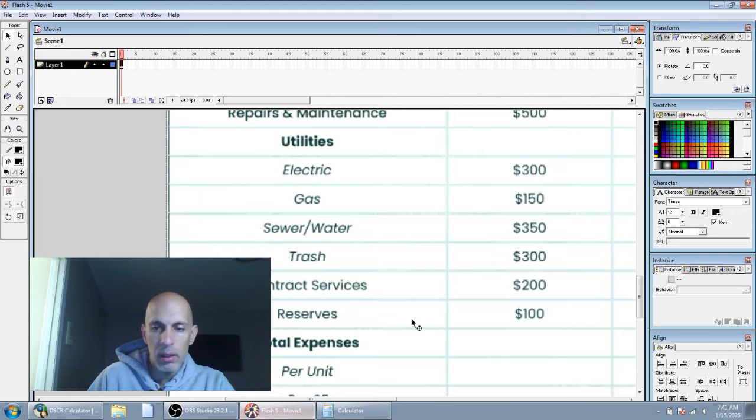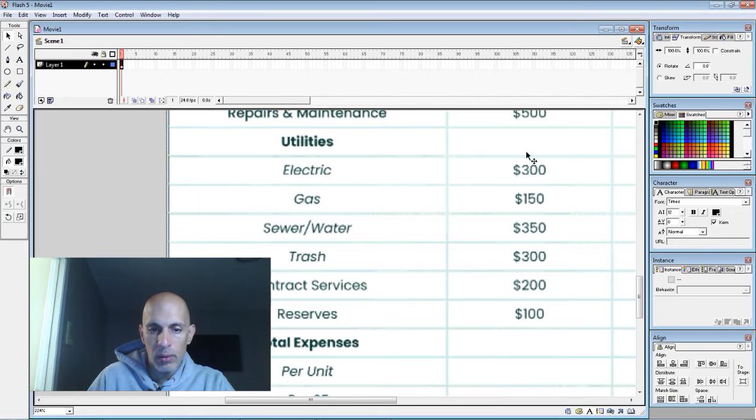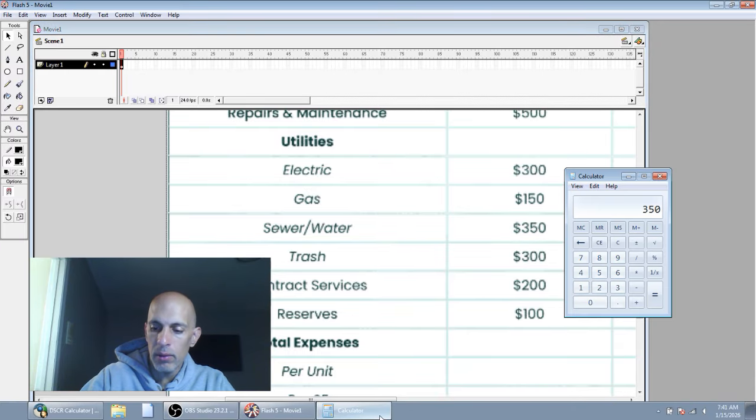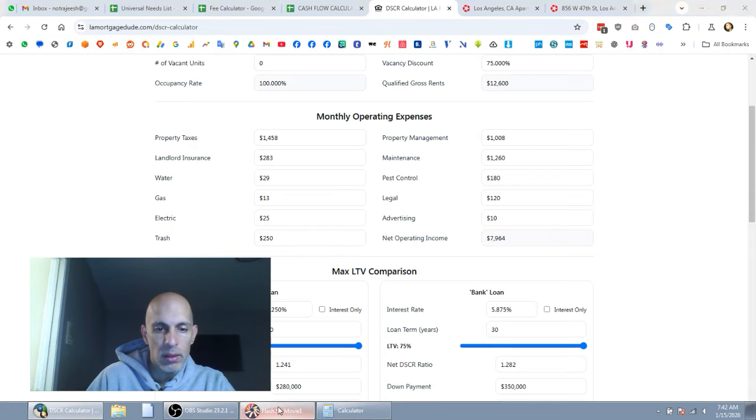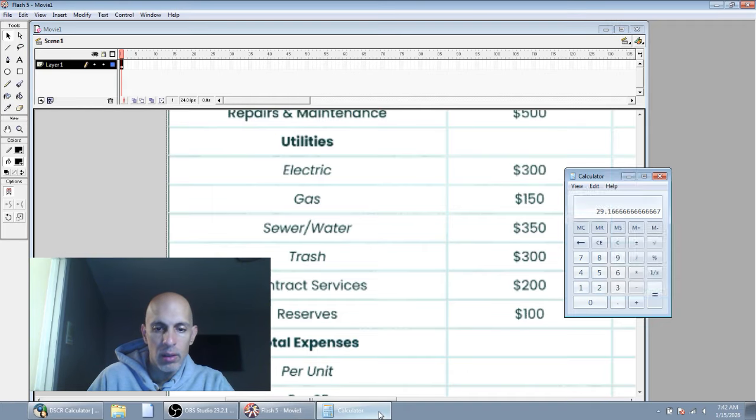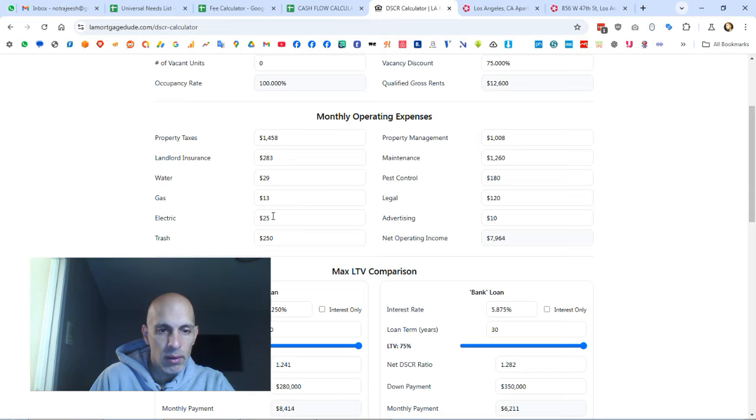Water, they don't have water. Yeah, sewer water, 350. 350 divided by 12 is 29.16. Trash is 300, so 25.